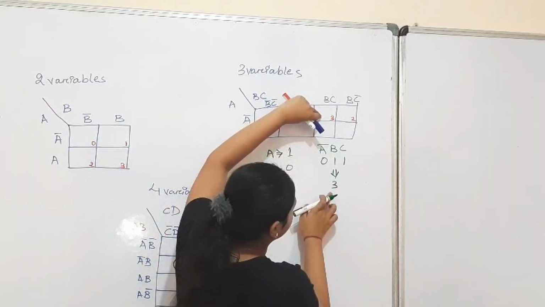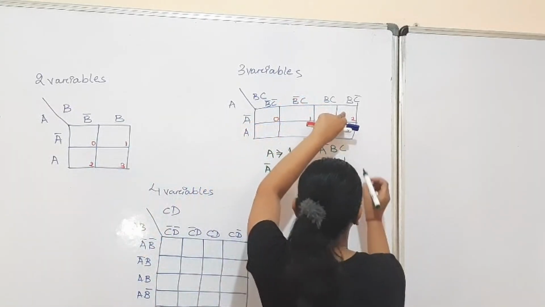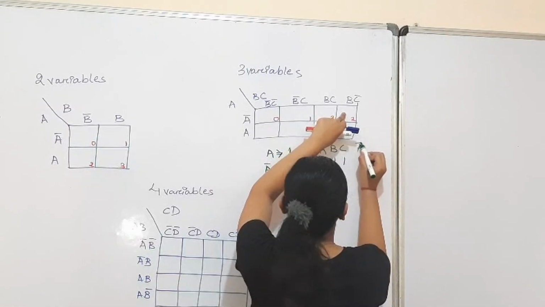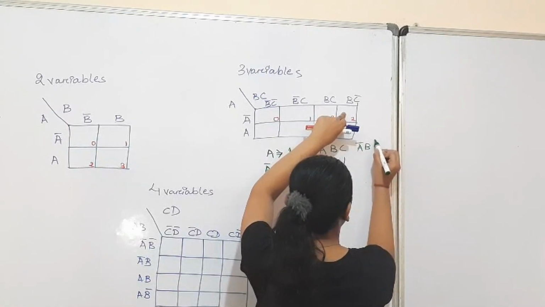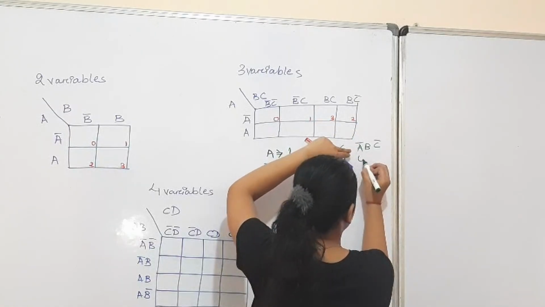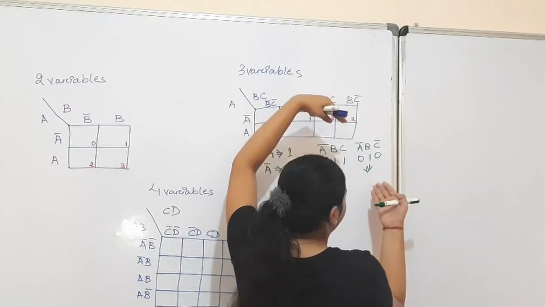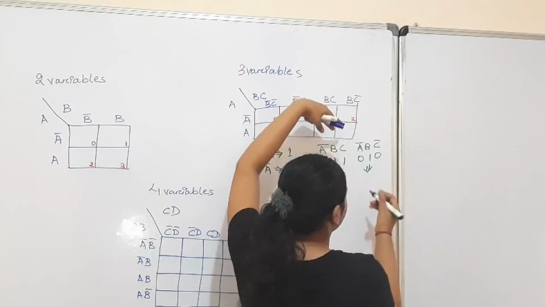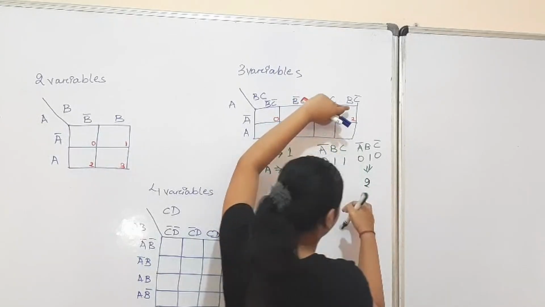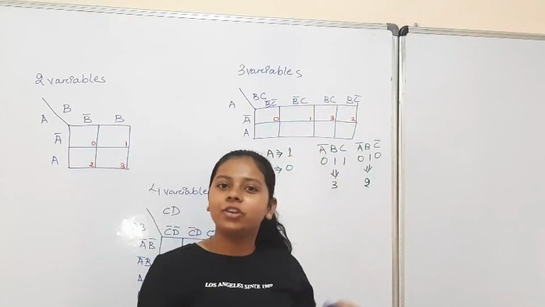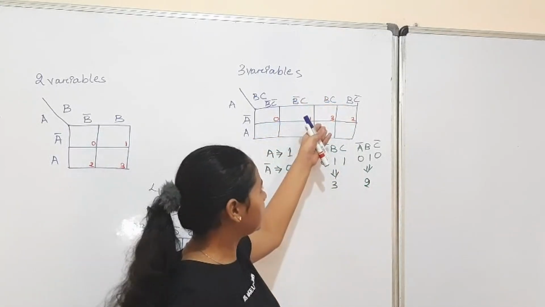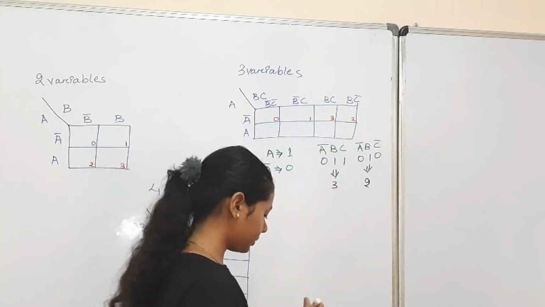I have written here 3. If you check this cell, its address is A0, B, C0, that is 0, 1 and 0. In decimal format, it's 2. Hence I wrote here 2. Now you know the reason why I wrote 3 here and 2 here.